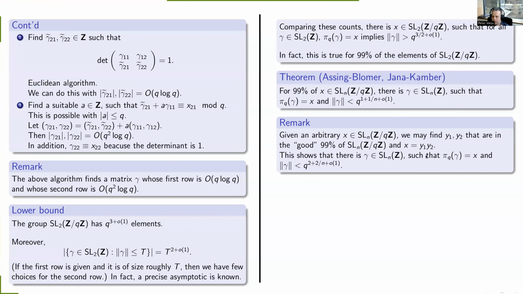Now, if you do that, then you get a lift of x, which will have size q to the 2 plus 2 over n. And what we proved with Amitay is that you can't do much better than this if you take the worst x. So for the worst x, the best exponent you get is q squared.